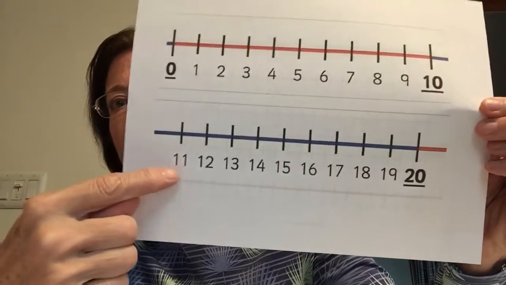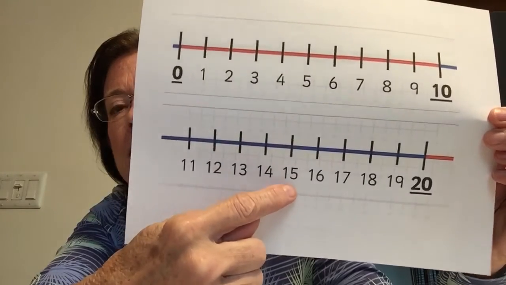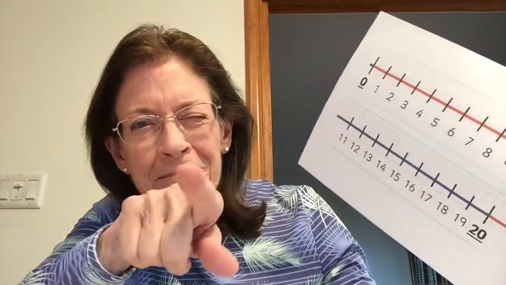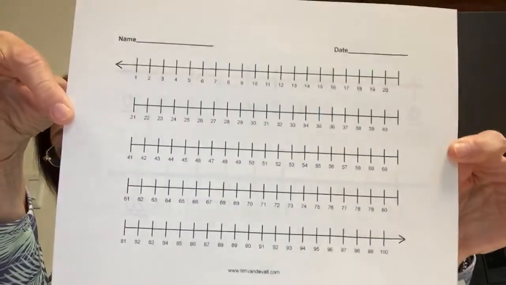And maybe if I point to this one, you have to tell me what it is. Right, 15. Now, once you get past 20, it gets very easy. We've done this on our calendar when we get 21, 22, and we go up to 100.